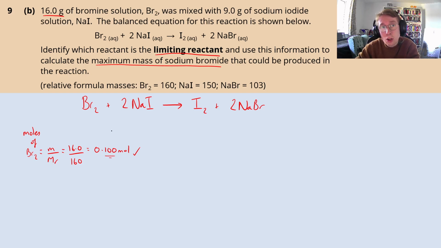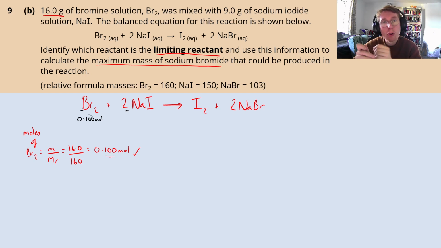So now we need to use the logic, the process that we used before. We've got 0.100 moles of bromine. So how many moles of sodium iodide, NaI, will it react exactly with? Well, looking at the balanced equation, you can see that 1 mole of bromine reacts with 2 moles of sodium iodide. So it's a 1:2 ratio this time.